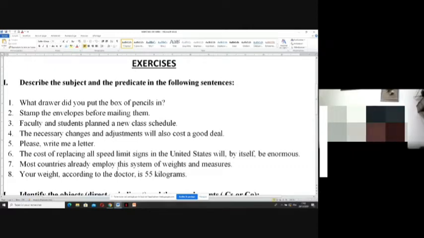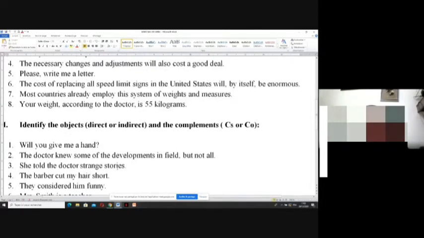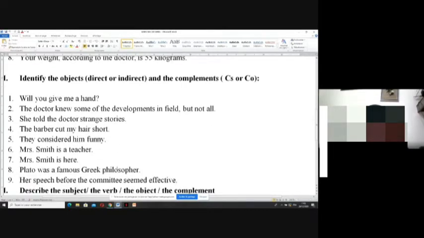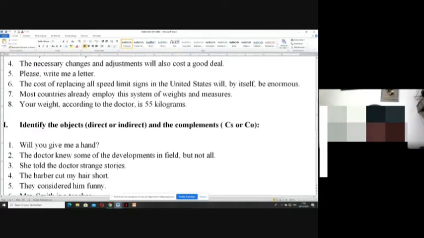Next. So here things become more difficult or not as easy as it seems to be. In here, identify the objects. You need to know where is the direct object, where is the indirect object, and what is the complement, that is subject complement or object complement.